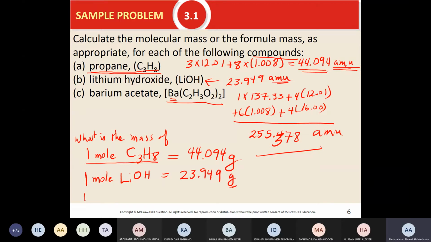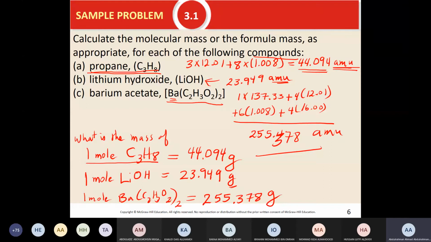Okay, 1 mole of barium acetate, Ba(C2H3O2)2: 255.378, but I say gram.